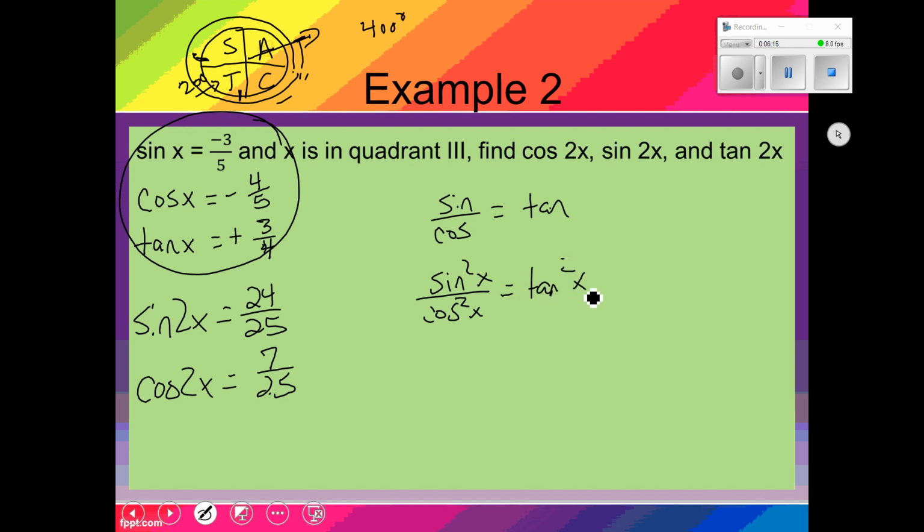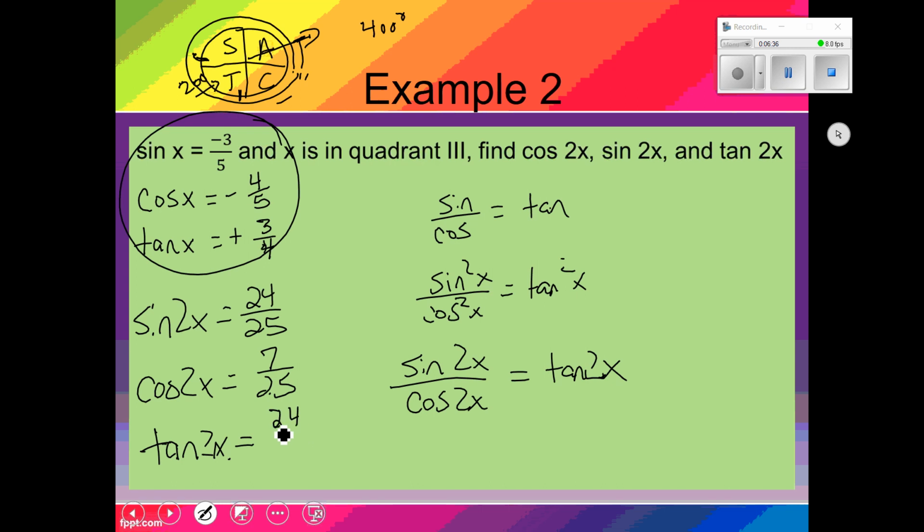And we also figured out that sine of 2x divided by cosine of 2x is equal to the tangent of 2x. Okay, so we can just divide here the sine by the cosine, and the tangent of 2x, the 25s will cancel, will be 24 over 7.